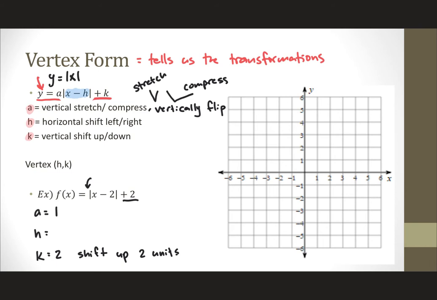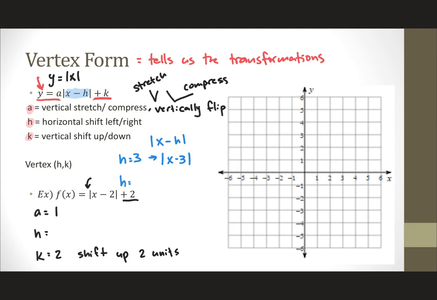Here's why. My equation is x minus h. If h is positive 3, if I plug a positive 3 into this x minus h, it's going to look like x minus 3. H is positive, but because the negative symbol is already in the expression, when I plug it in, I get x minus 3.